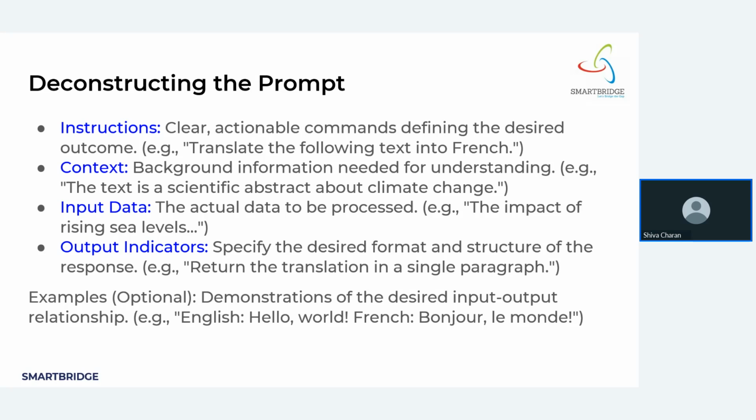And the output indicators specify the desired format and structure of the response, like, write the translation in a single paragraph. If I just want the output in a single paragraph, I can mention that over there. And the examples are a demonstration of the desired input-output relations, like English, hello world, and French, it will be bonjour, right?